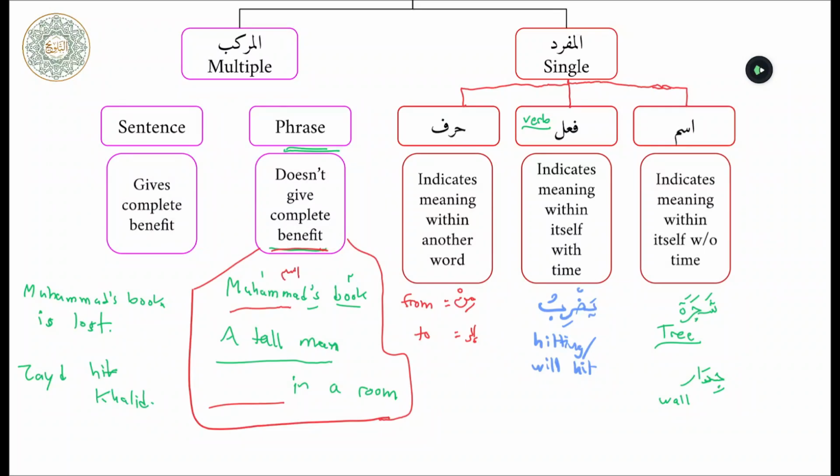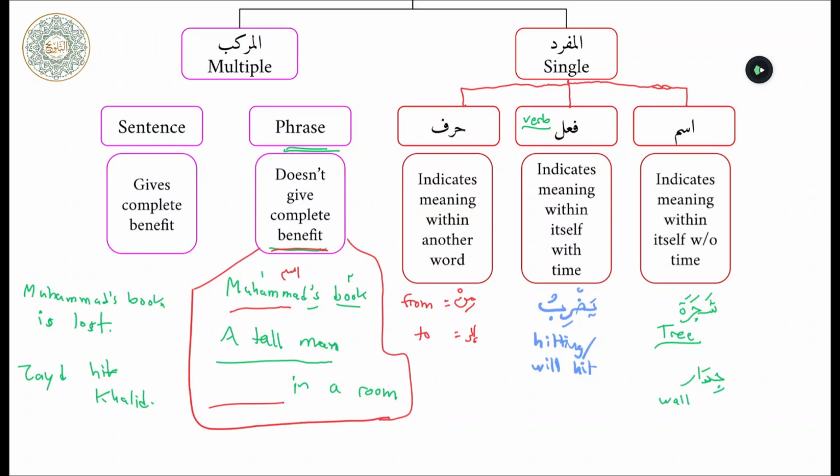Book. Does the word book indicate a meaning within itself? The answer is yes. The word book indicates a meaning within itself. Is the word book attached to a tense? Well, when you think of book in Arabic, that is kitab, do you think of present, future, or does the word book tell you, okay, book not in the meaning of to book something, book in the meaning of a bunch of pages put together?